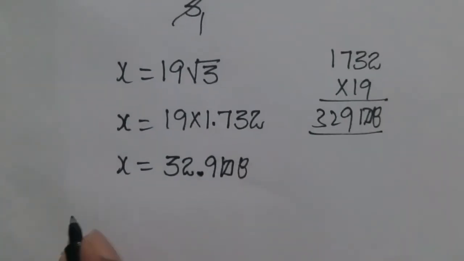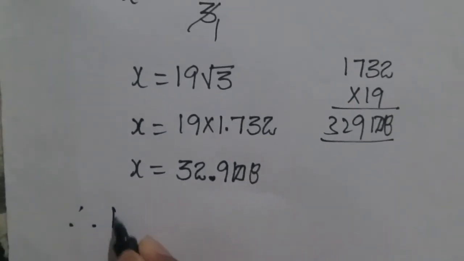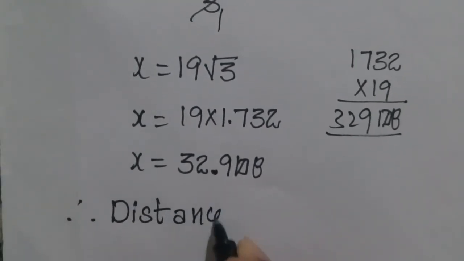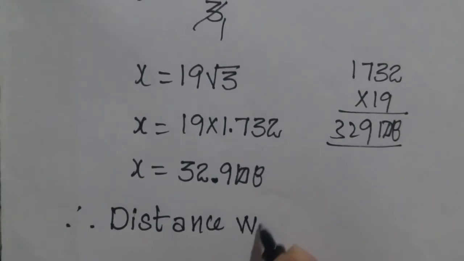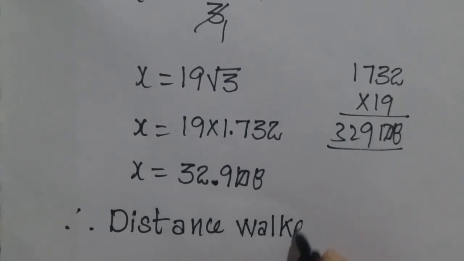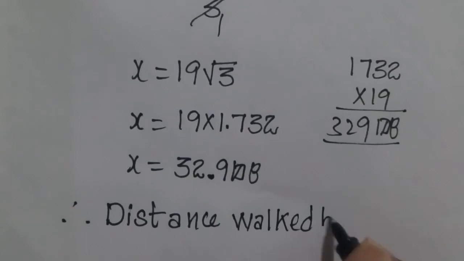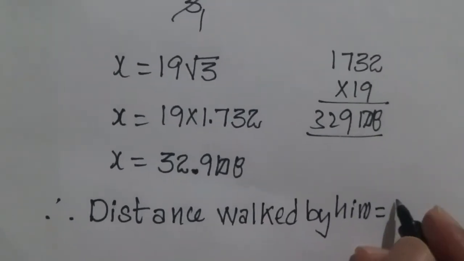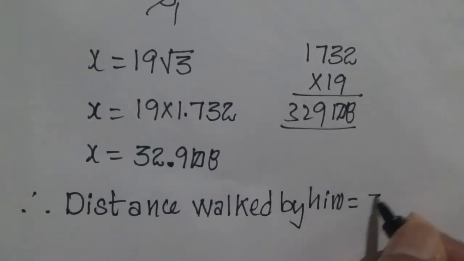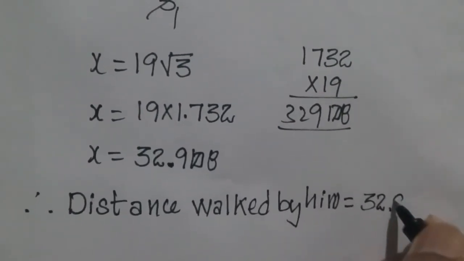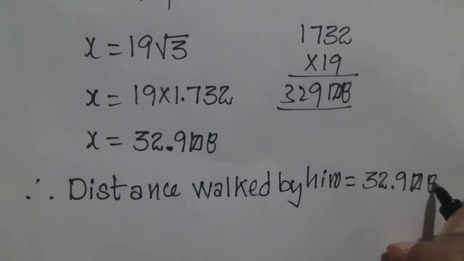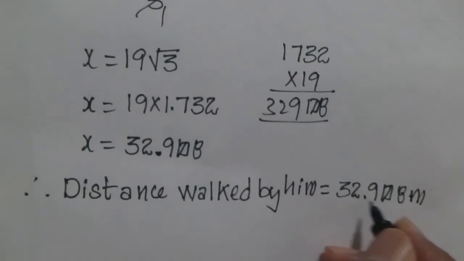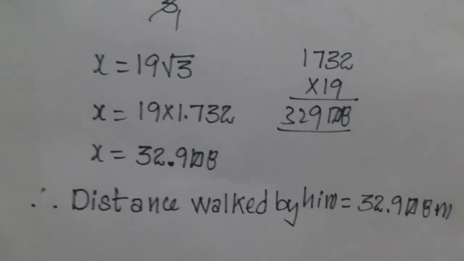Therefore the distance walked by him is equal to 32.908 meters.